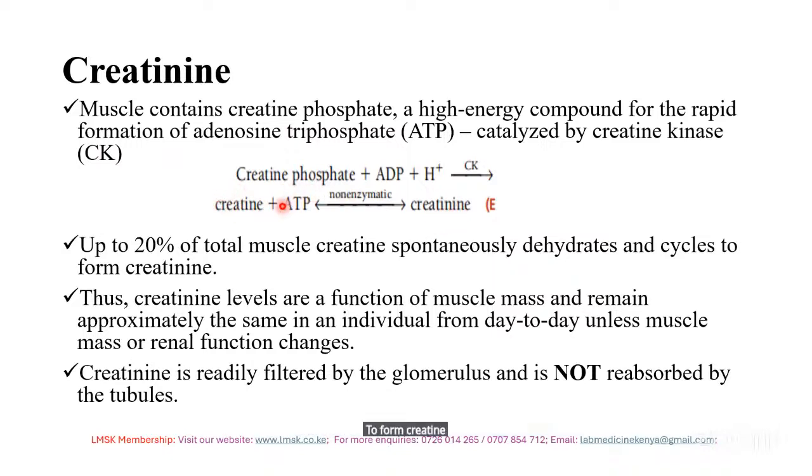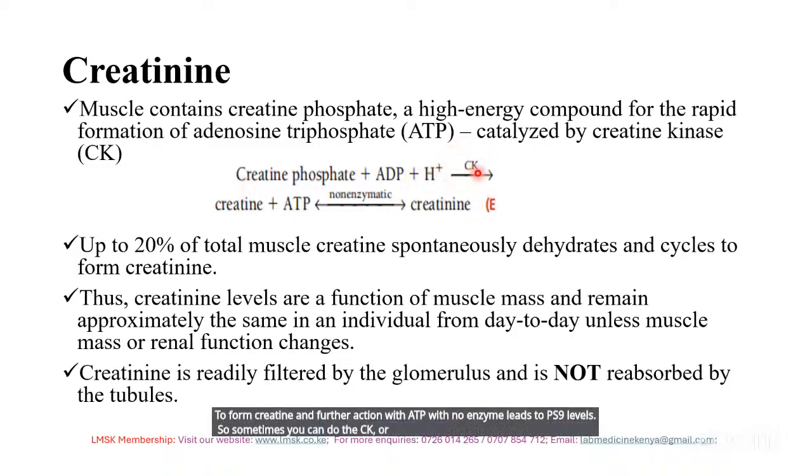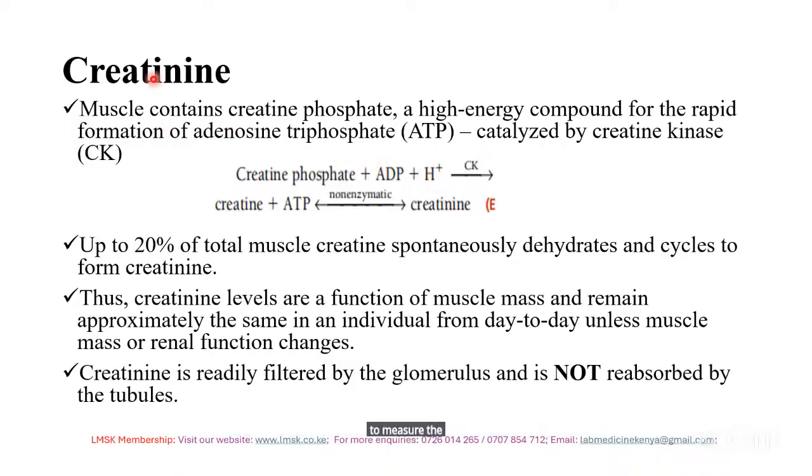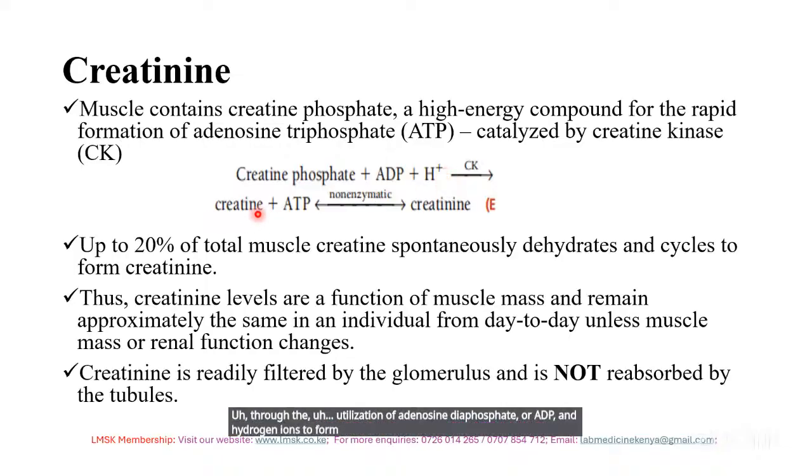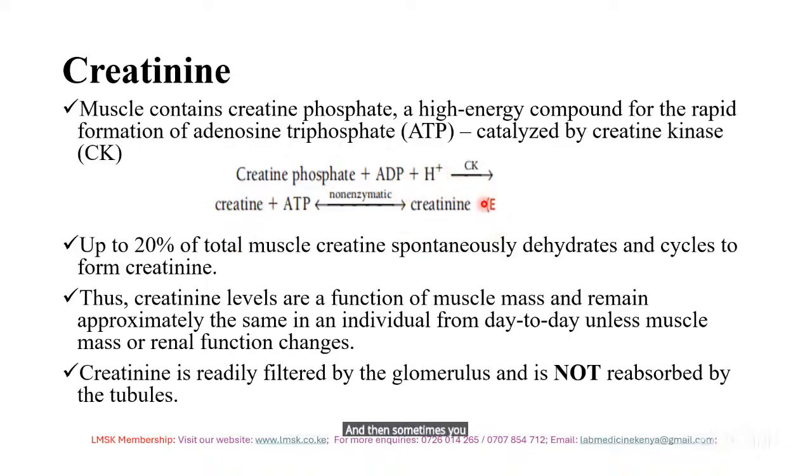Further action without an enzyme leads to creatinine. So sometimes you can do the CK or creatine kinase to measure the functionality of this conversion from creatine phosphate, through the utilization of adenosine diphosphate or ADP and hydrogen ions, to form creatinine. And then sometimes you can do creatinine levels themselves.